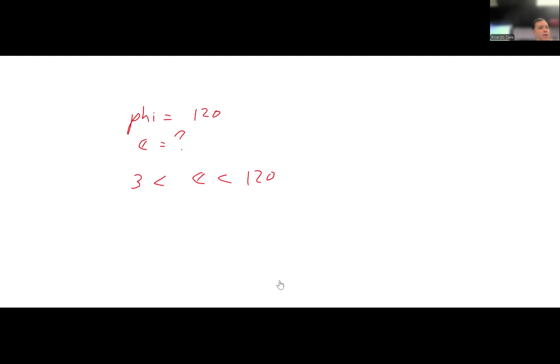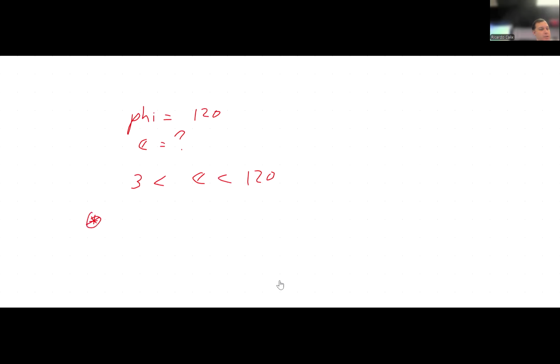Okay, so let's try one. Let's try 3. This is an iterative process, so I'm going to just try the first one, and I'm going to say that the candidate is 3.